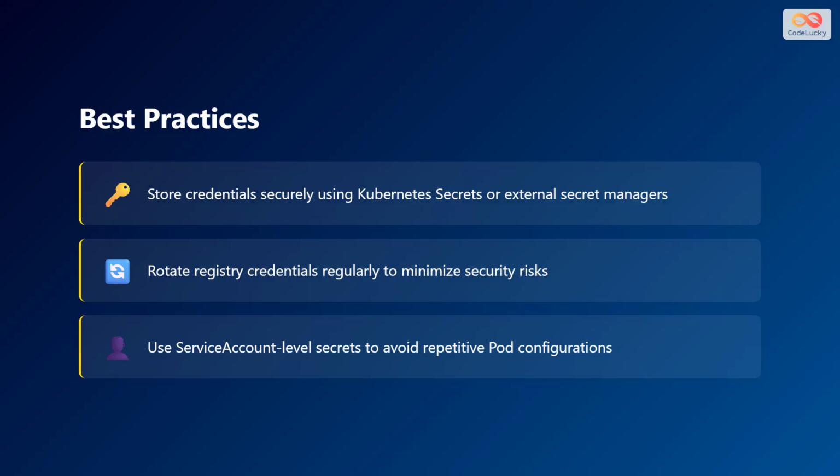Rotating passwords and access tokens on a scheduled basis is a fundamental security practice. Third, leverage service account level secrets whenever possible to avoid repetitive pod configurations. This not only simplifies management, but also reduces the risk of misconfiguration and ensures that authentication is applied consistently across your deployments.